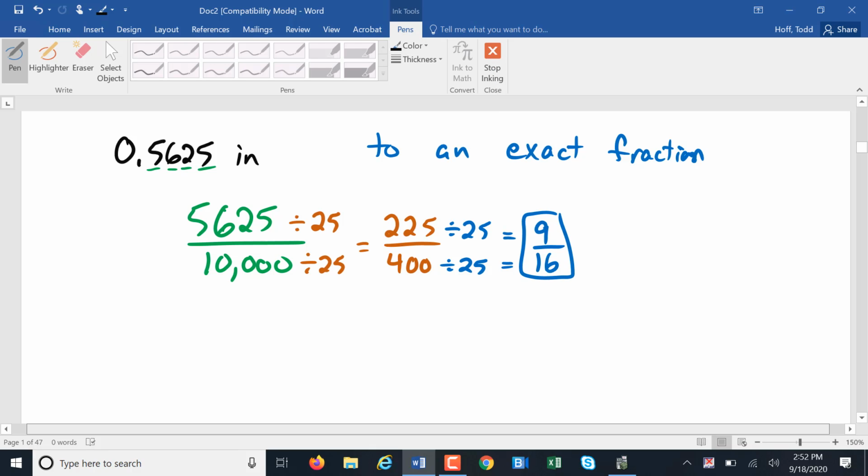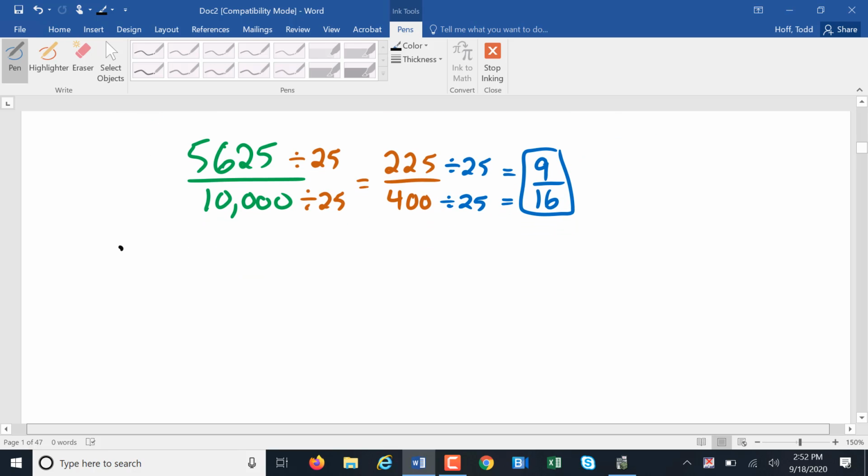Well, that came out to a 16th. But if it didn't, if I have something like 0.712, which is 712 thousandths, as I reduce that, both of those can actually be divided by 4.